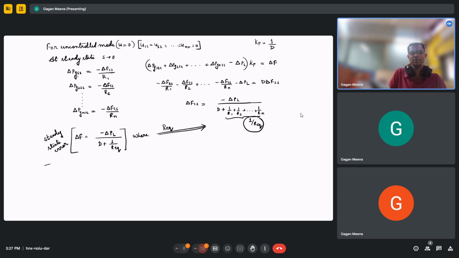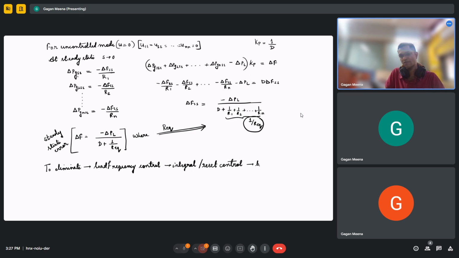To eliminate this, load frequency control will use an integral control, integral or reset control, to restore the system frequency to its nominal value. Okay.